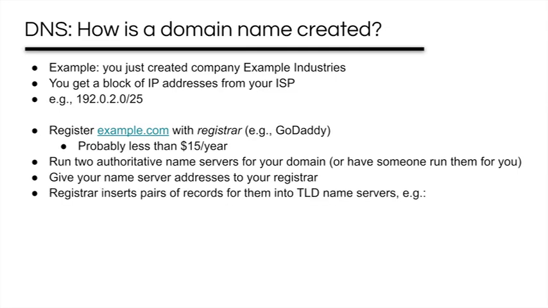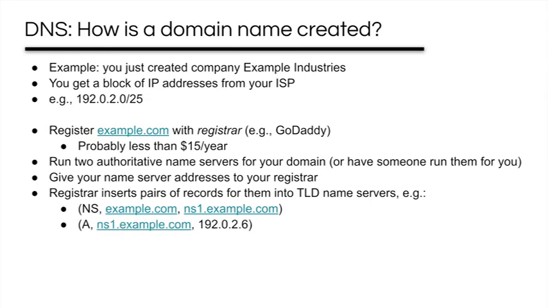The registrar inserts a pair of records for those into the TLD name servers. Those are things like an NS record that says, for this domain, this is the name server that you should use, and then an A record telling what the actual IP address for that name server is. It would do that for both, or however many replicas you have.